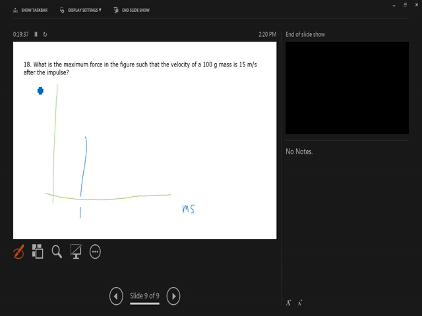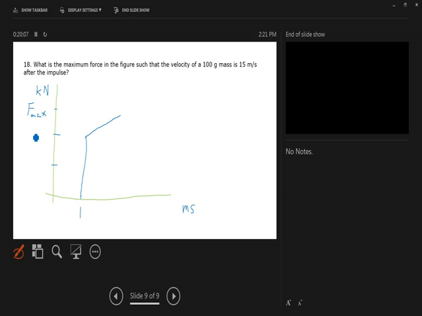And over here we have kilonewtons of force. So our force turns on instantaneously, and then it ramps up to another value here, which we're going to call this top value, F max.